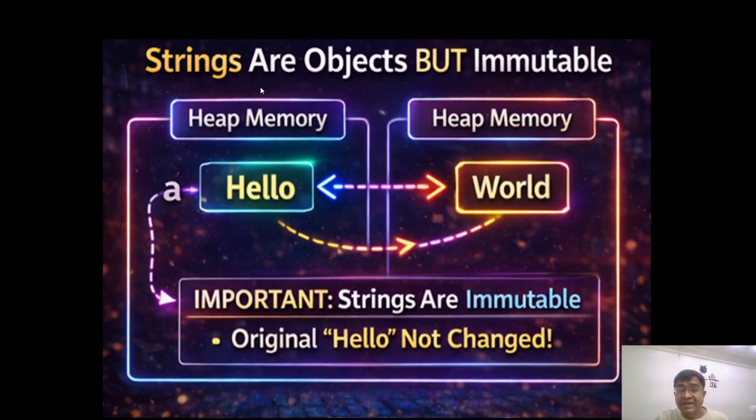So strings are objects but immutable, right? So the original hello does not change, even though we try to assign it, it's still not changed. So that's how strings are immutable. You have to explain it this way in an interview. Now let's move further.